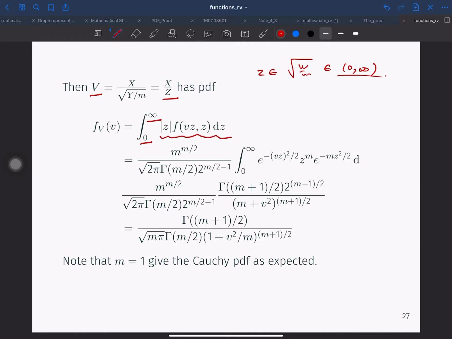So I have here the joint PDF f of Vz and Z, which is now a bit of a mess.